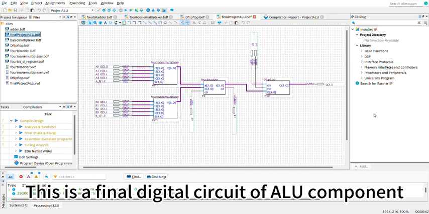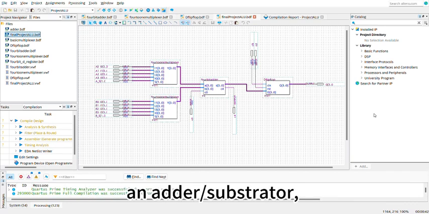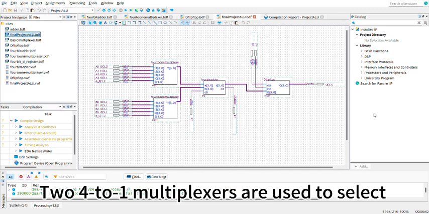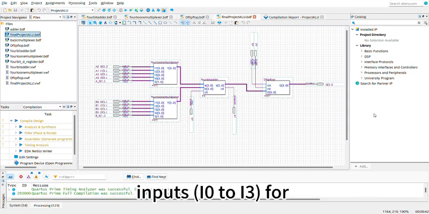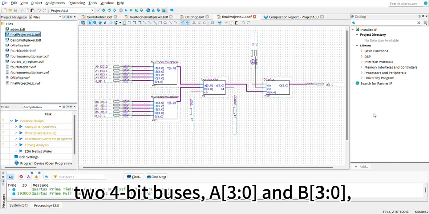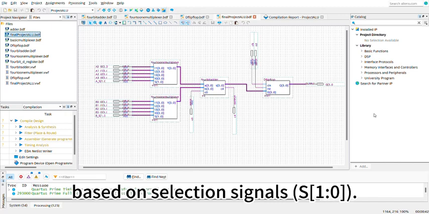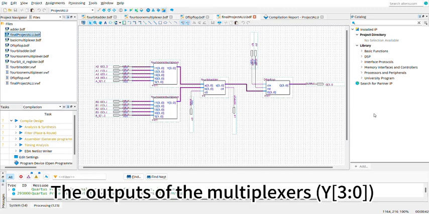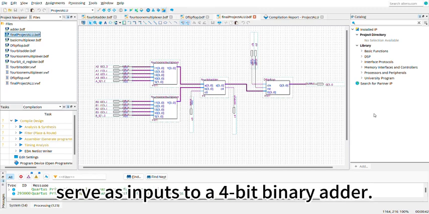This is the final digital circuit of the ALU component, combining multiplexers, an adder subtractor, and a flip-flop. Two 4-to-1 multiplexers are used to select inputs I0 to I3 for two 4-bit buses A3 to 0 and B3 to 0 based on selection signal S1 to 0. The outputs of the multiplexers Y3 to 0 serve as input to a 4-bit binary adder.